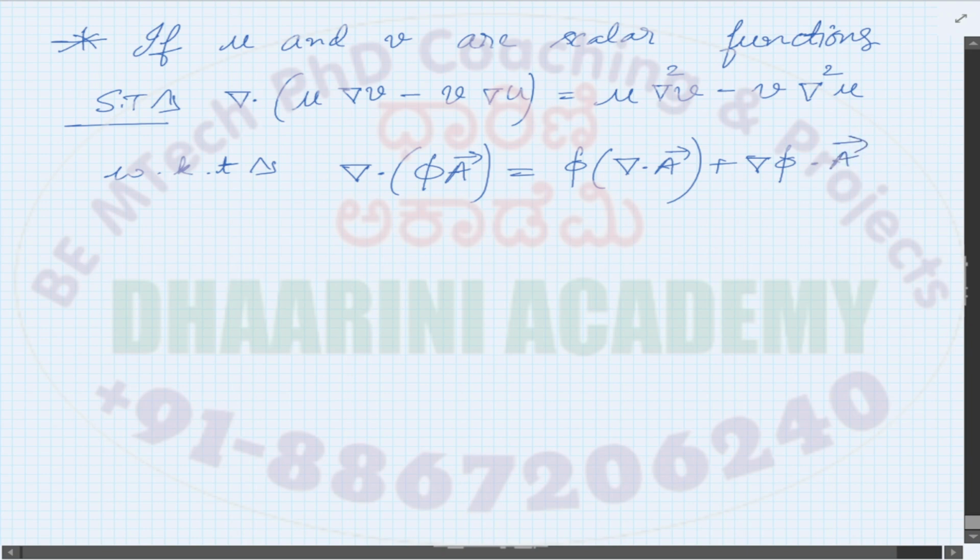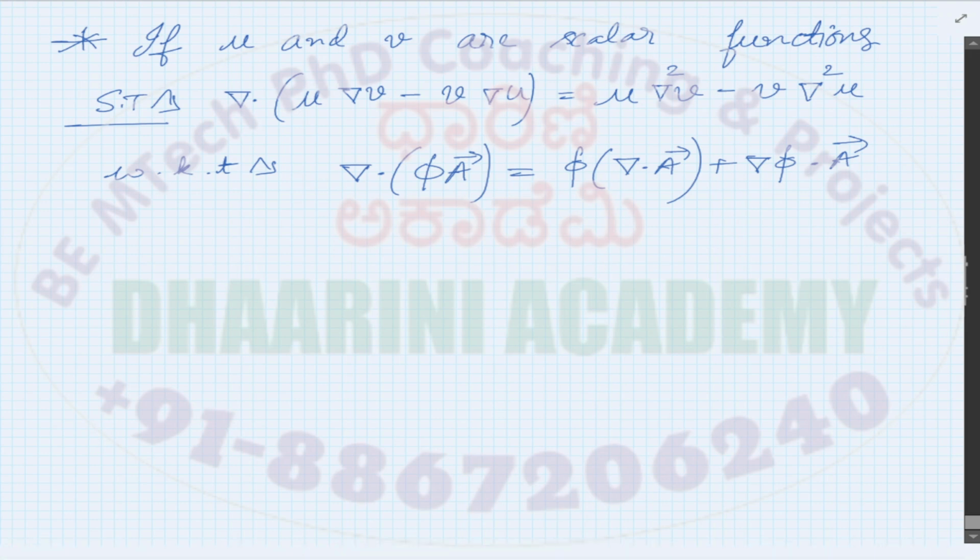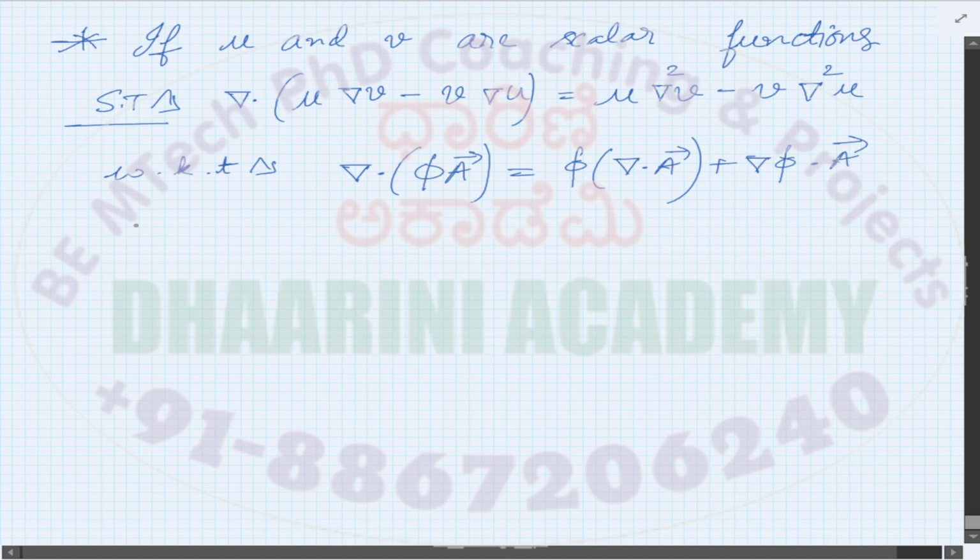This is the third identity which we saw today. So I am applying that to prove this given question. In this case, take phi equals u, and a vector as del v. So v is a scalar but del v is a vector, right?